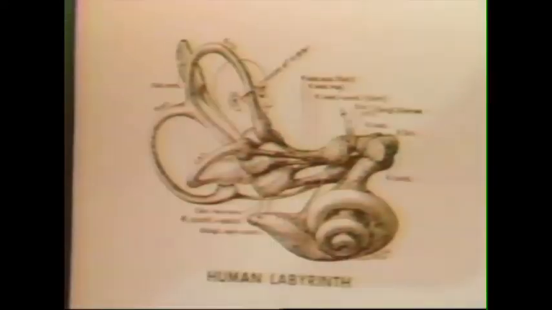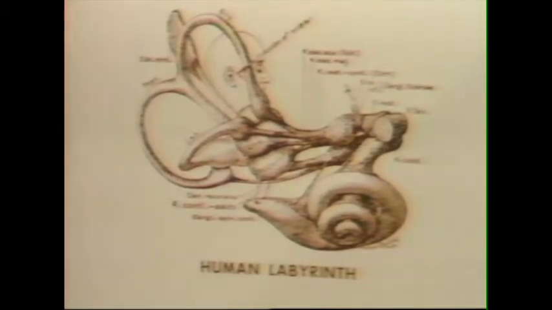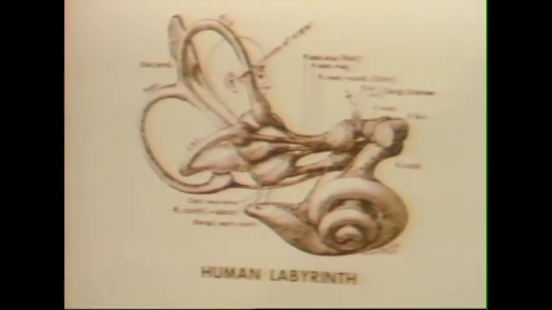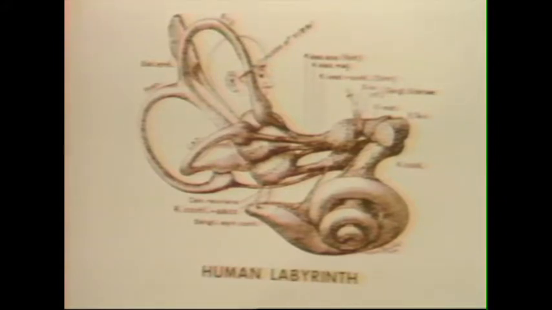just peek ahead. We can take a look at the behavior of this remarkable instrument, the human labyrinth, and inner ear. This combines two functions, of course. Three functions, really.